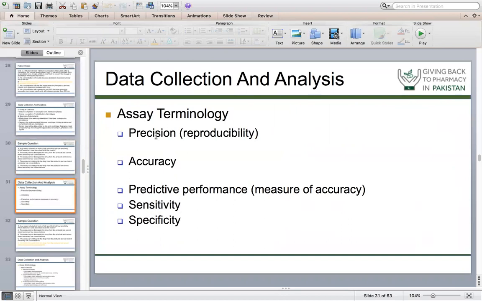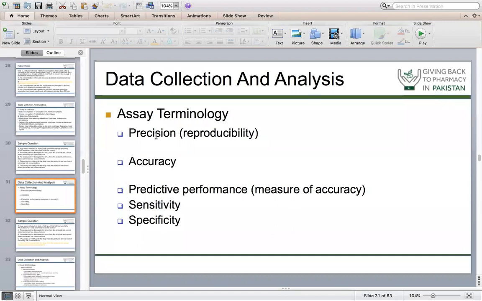So what is precision, or reproducibility? It's the ability of an assay to give the same results over and over again. Say, for example, an assay gives a result of 10 milligrams per liter of a drug concentration. If we do it again and again, and the result comes the same, then we can say that this assay is precise.